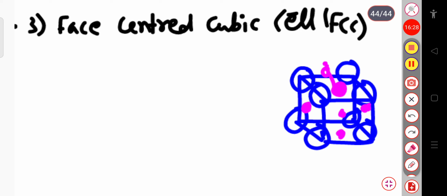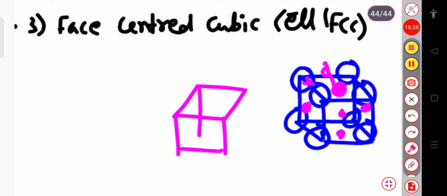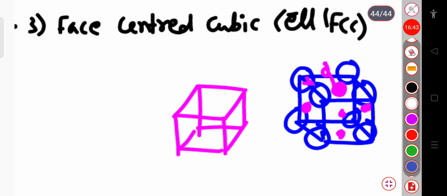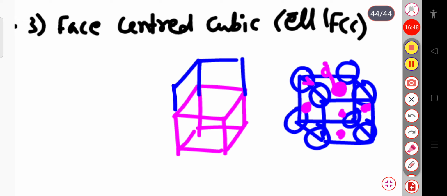So for the number of atoms per unit cell, suppose here is a cube, and just above this I can place another cube. Only one cube can be placed just above this pink one. If the atom is present on this face of the pink unit cell, then this atom is shared only with this blue one and this pink one.